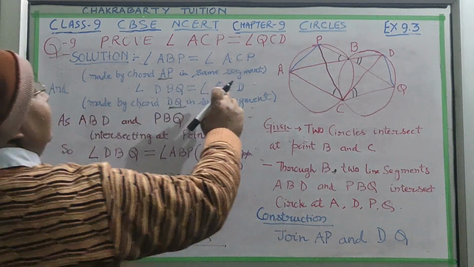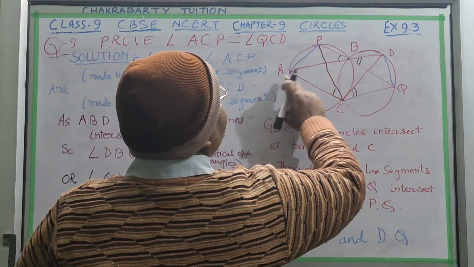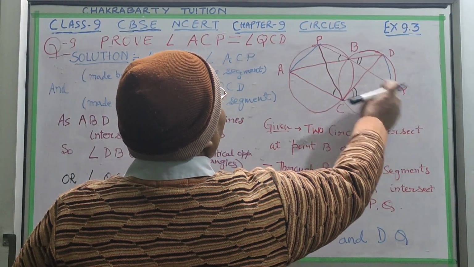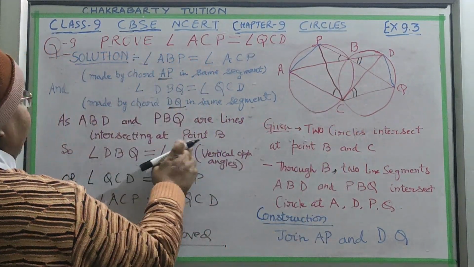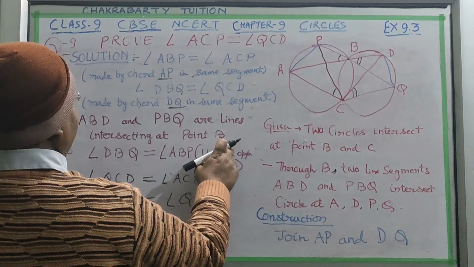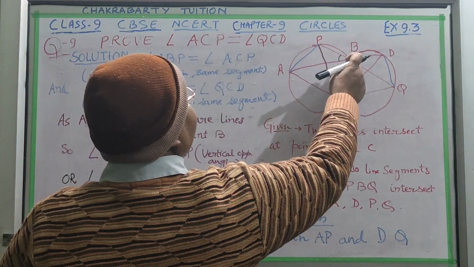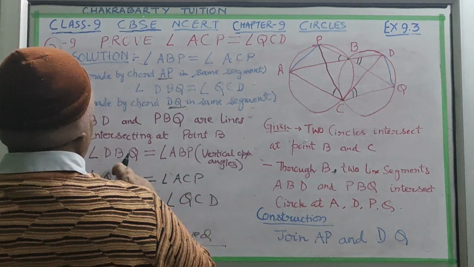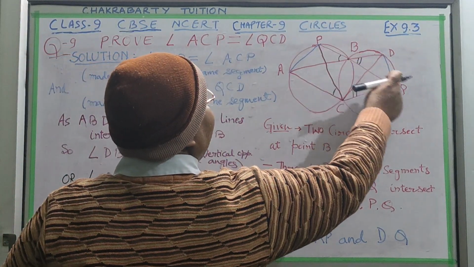Now, you see this line, ABD is a line and PBQ is also a line. So they are intersecting at point B. So what will happen? Angle DBQ.